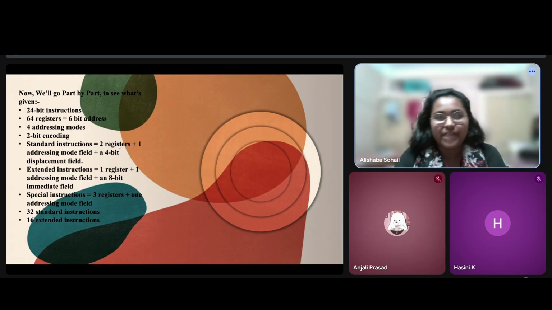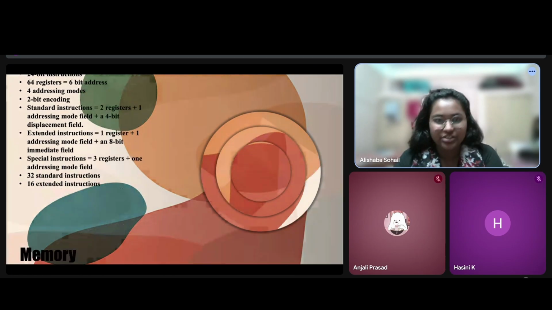A standard instruction contains 2 registers, 1 addressing mode field, and a 4-bit displacement field. Then we have an extended instruction with 1 addressing mode field and an 8-bit immediate field. Then we have instructions with 3 registers and 1 addressing mode. We are given that there are 32 standard instructions and 16 extended instructions.